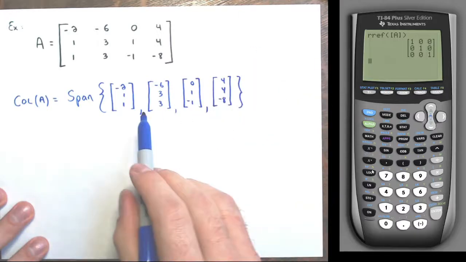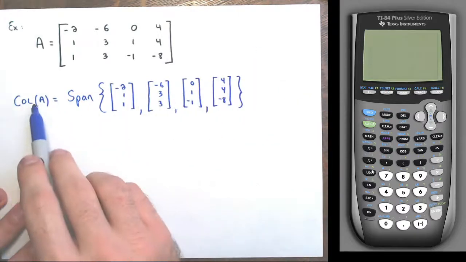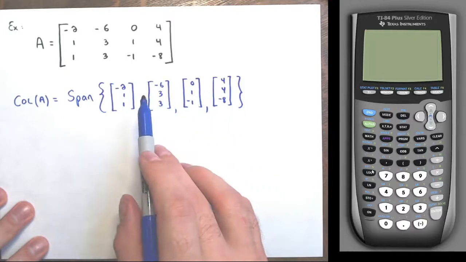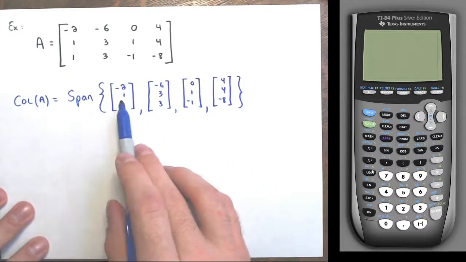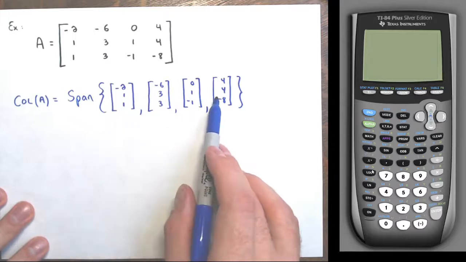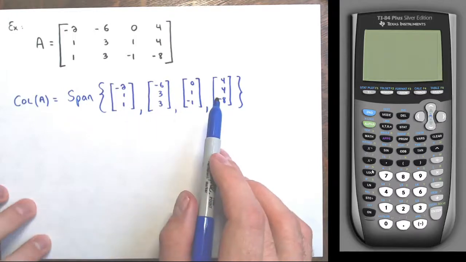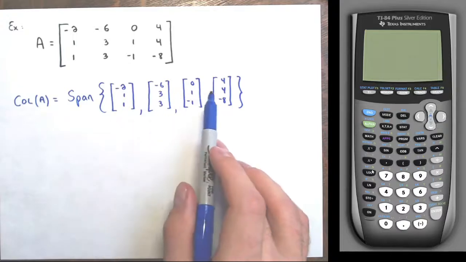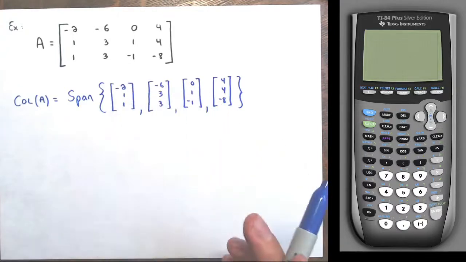Alright, so obviously this set spans the space, because by definition of span, every vector in this column space is a linear combination of these four. But they're dependent again, right? I have again that same scenario where there are more vectors in the set than there are components.